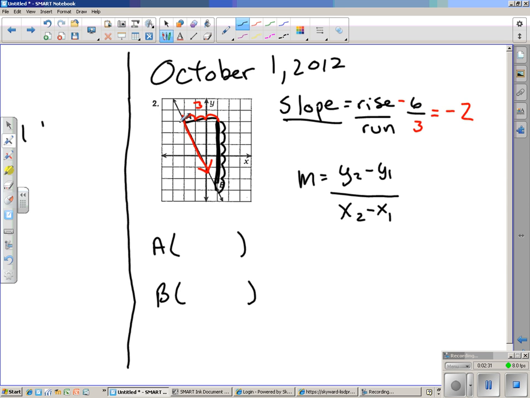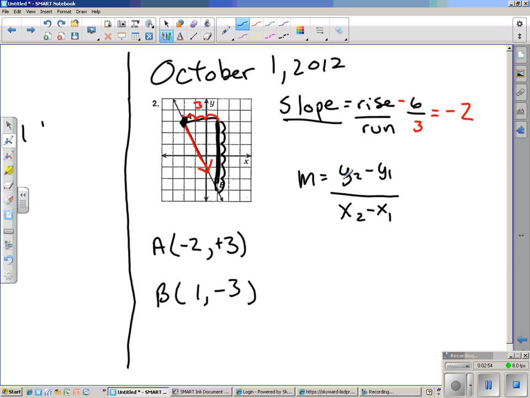It would solve the same way. Looking at A on your graph, what are the coordinates of A? It's negative 2, positive 3. The coordinates of B would be over 1, down 3. So positive 1, negative 3.